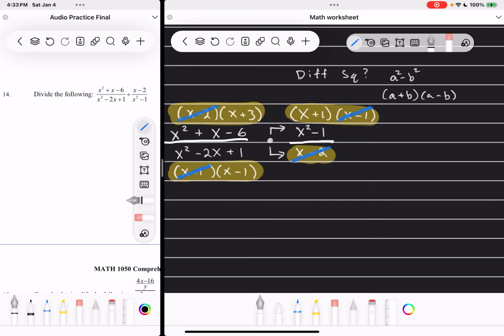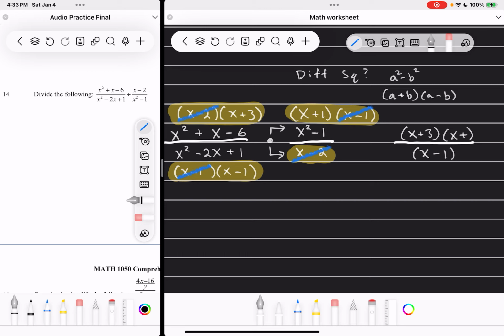This leaves us with x plus 3, x plus 1 in our numerator. And then in our denominator, we are going to have simply x minus 1. And that's as far as we can go.